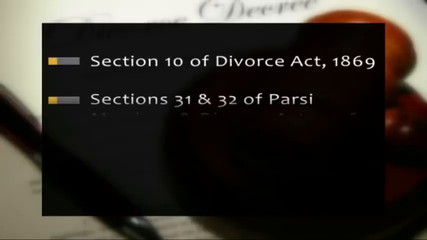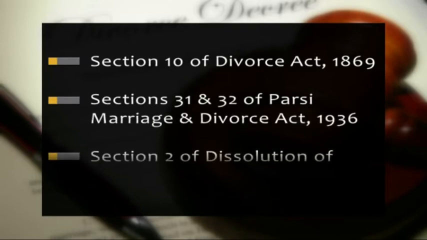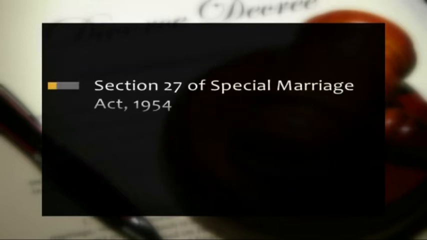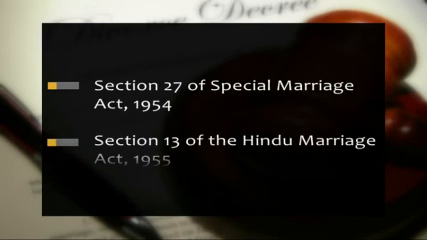The theory and its grounds have been incorporated under different laws applicable among Indians concerning their matter of divorce. The provisions contained under Section 10 of the Divorce Act 1869, Sections 31 and 32 of the Parsi Marriage and Divorce Act 1936, Section 2 of the Dissolution of Muslim Marriage Act 1939, Section 27 of the Special Marriage Act 1954 and Section 13 of the Hindu Marriage Act 1955 include these grounds.